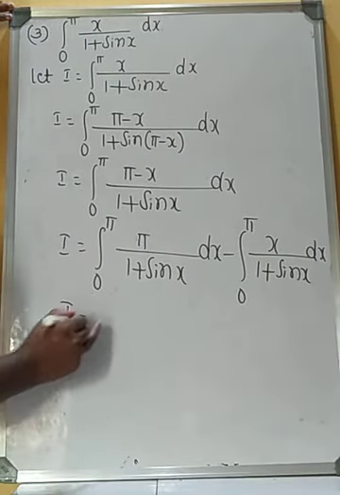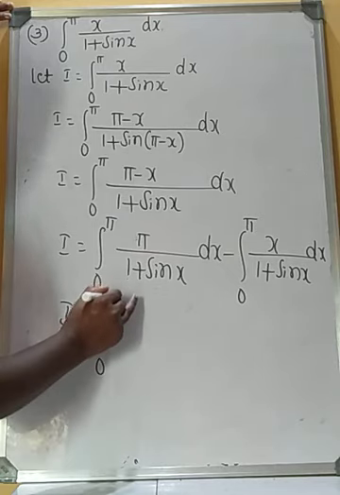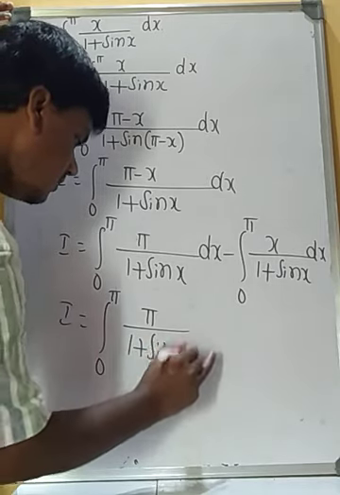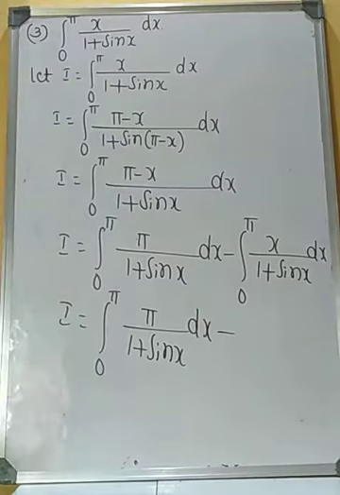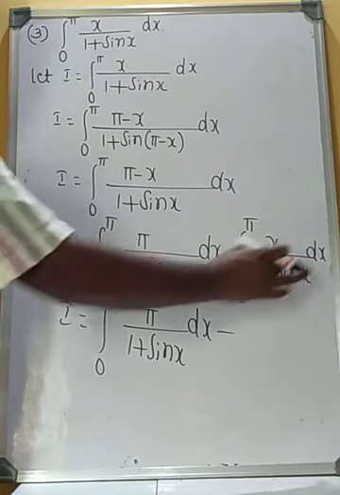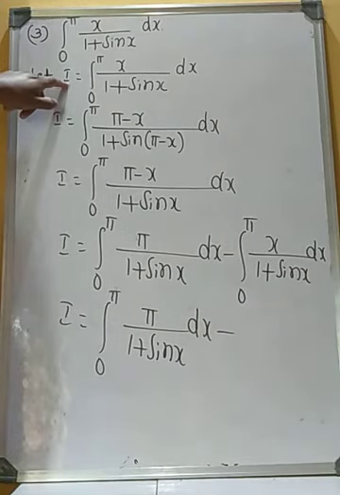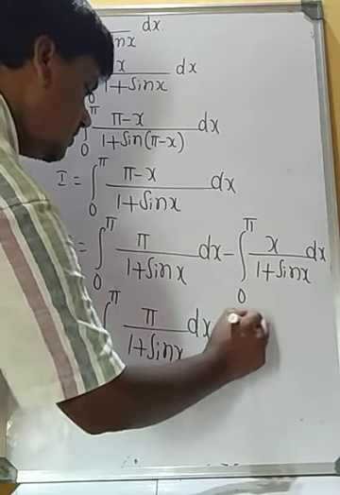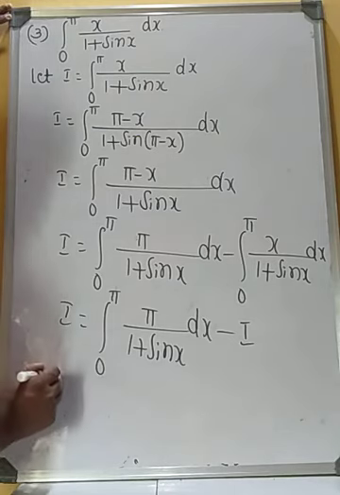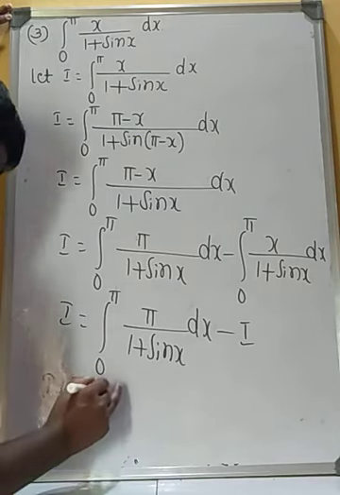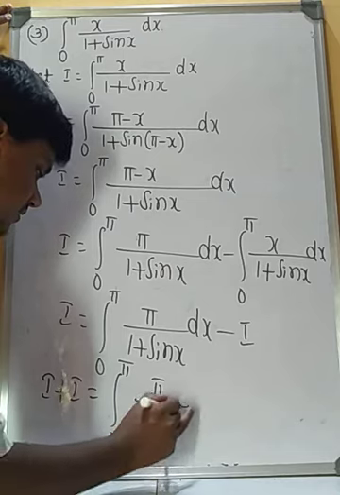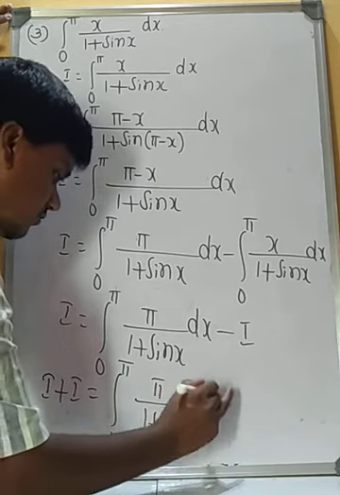That second integral is called I. Substituting I, the minus I transposes to the left hand side and becomes plus I. So I plus I equals integral 0 to pi pi by 1 plus sin x into dx.